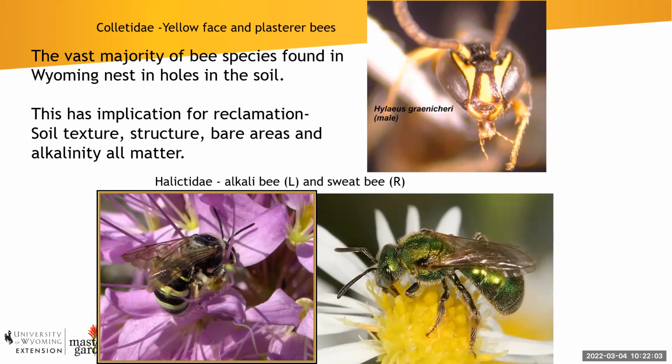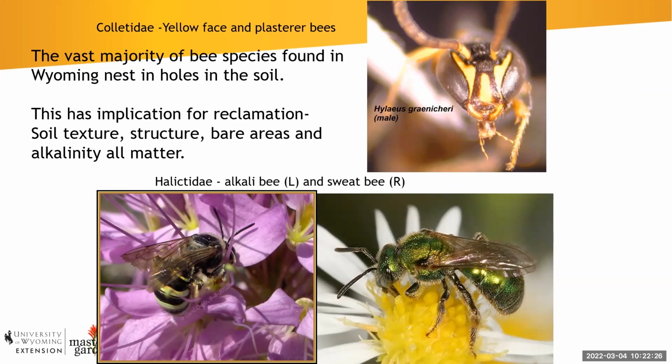So if you nested in structures above ground in the plants, say like back east where you have a lot of weeds or shrubs that have hollow pithy stems where they can nest, they would be burned. So the soil provides a stable, safe place for a lot of these insects to nest in.